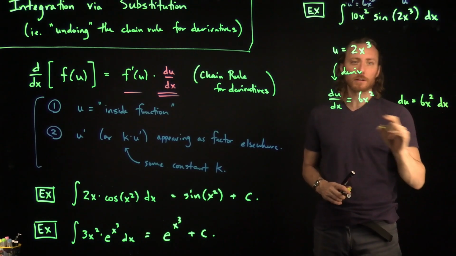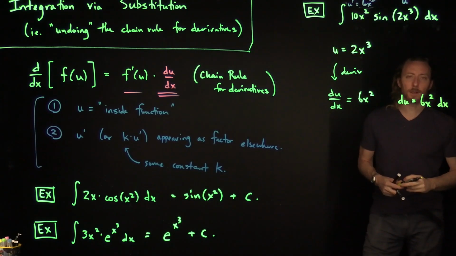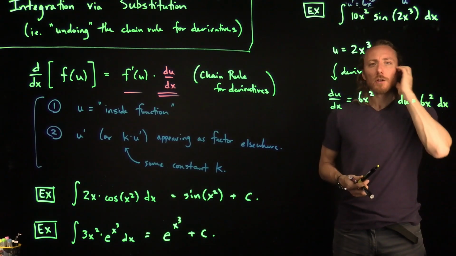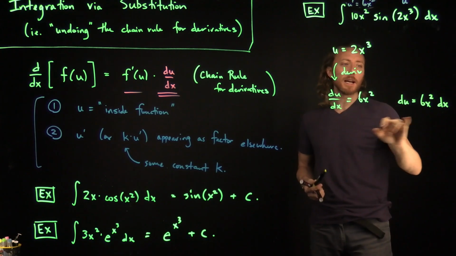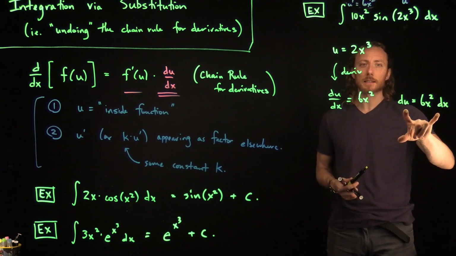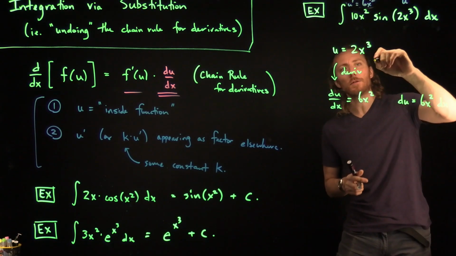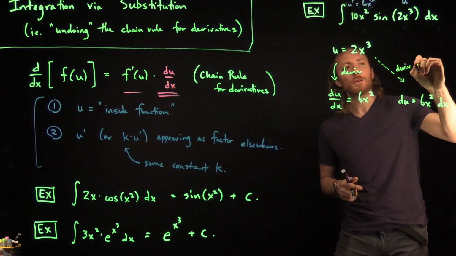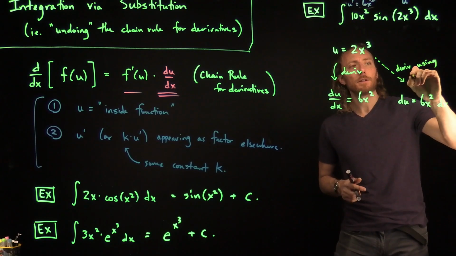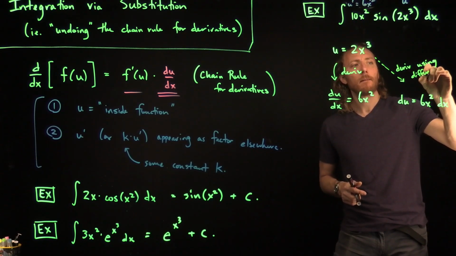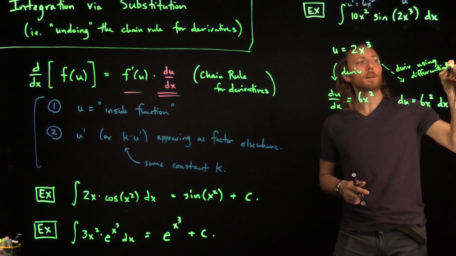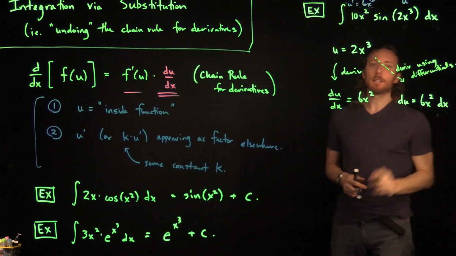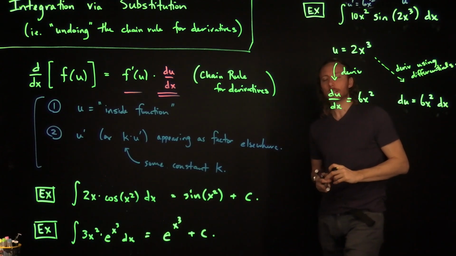What I'm going to focus on is an algebraic manipulation of this expression, so that instead of having du over dx, we have du equals 6x squared dx. In fact, you can imagine getting comfortable with derivatives using differentials, and ultimately you could get from u equals 2x cubed to du equals 6x squared dx in one step.